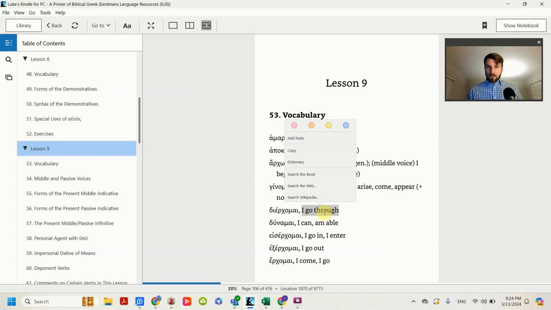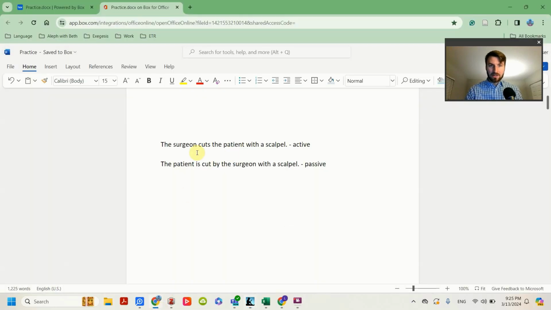But for your sake, here in Lesson 9, what you should focus on is the difference between active and passive that we talked about: in the active, the subject does the action; in the passive, the action is done to the subject; and if it's in the middle, that typically means that it is a word with middle or passive endings, but we translate it actively.